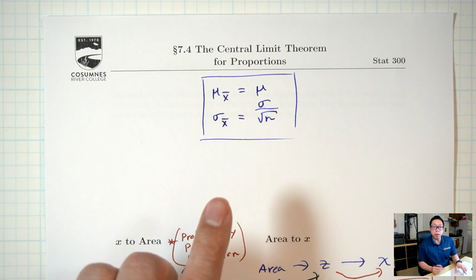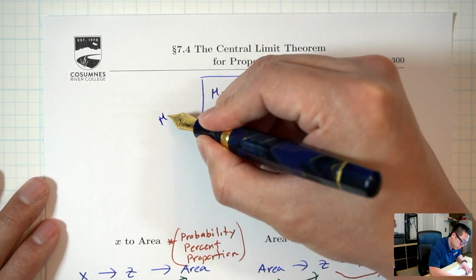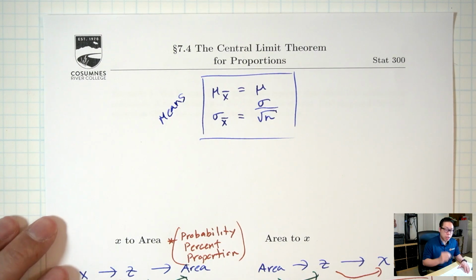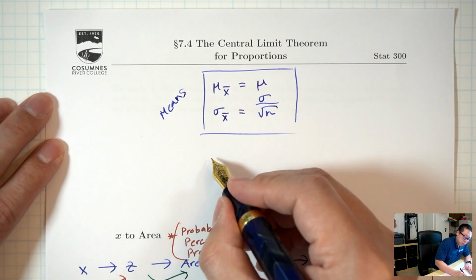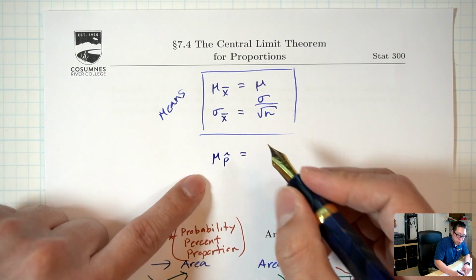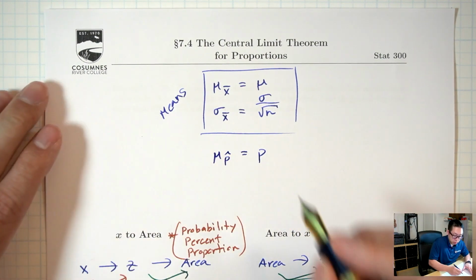And this is what we talked about in the last lecture. And this is for the mean situation. And then the new thing in this section is the proportion situation. So for the proportion situation, the mean you're supposed to use is the population proportion.